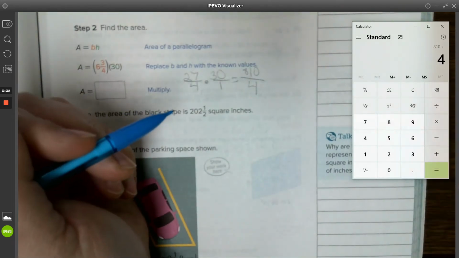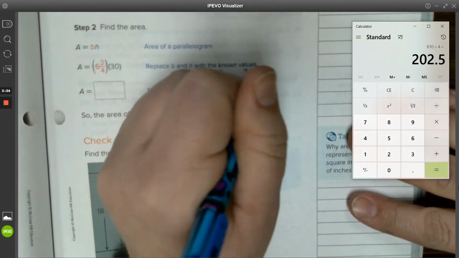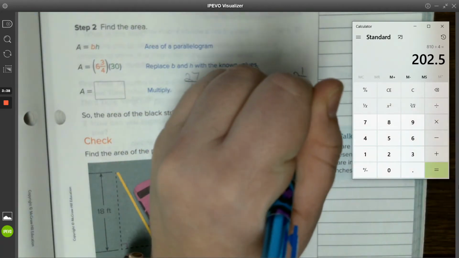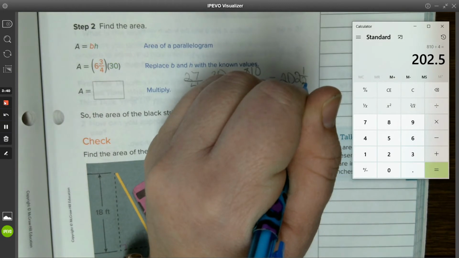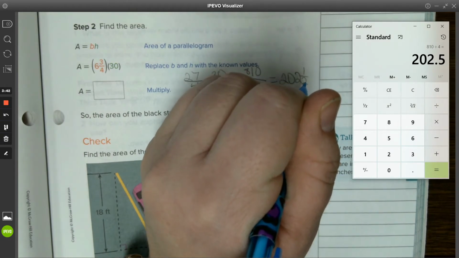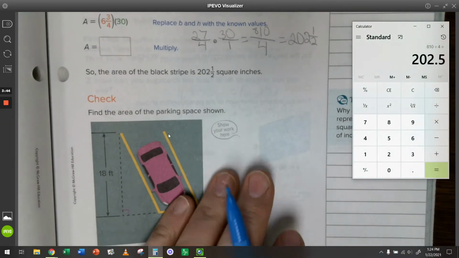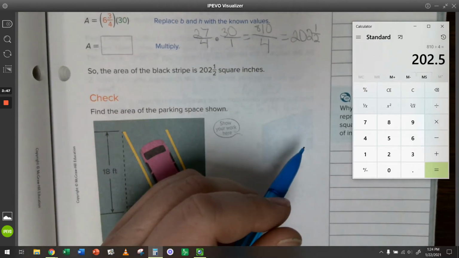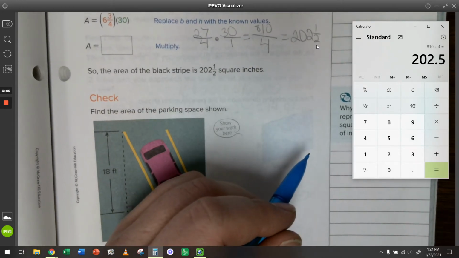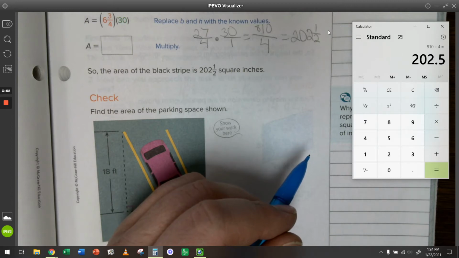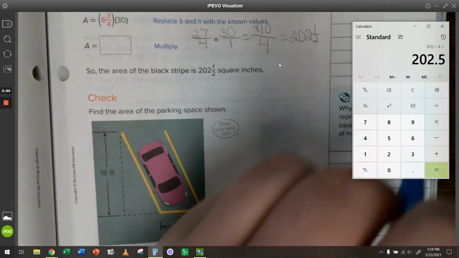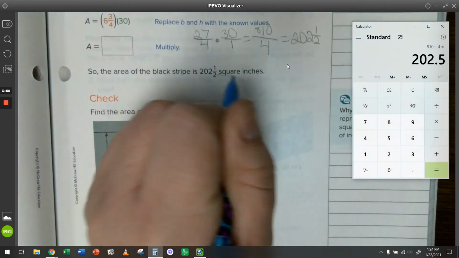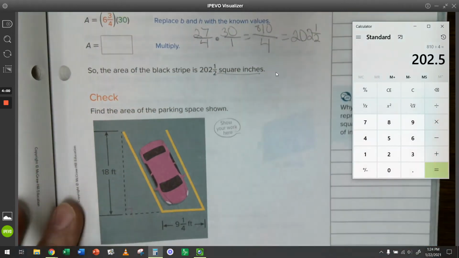And then we would divide by 4. So we would get 202.5, which is the same as 202 1/2. So even when you calculate using a calculator and you get a decimal answer, if the question is in a fraction format, I would appreciate it in a fraction answer. Now don't forget to label, making sure to put square inches here.